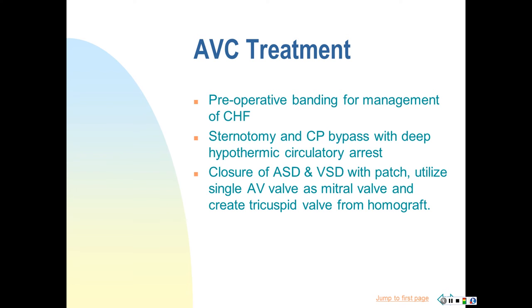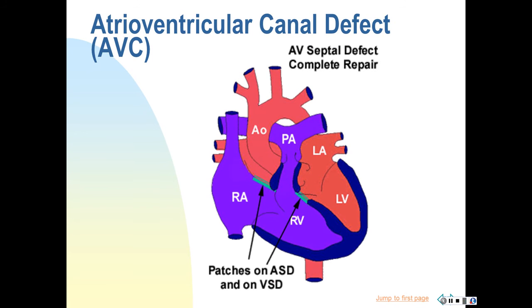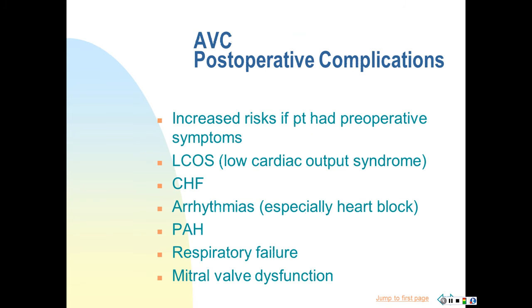So if you're taking care of a postoperative AV canal, the things you're going to have to worry about are, pulmonary artery hypertension is one of the biggies, because we've now fixed the amount of blood supply going to the lungs, which had been accustomed to much higher flows and much higher pressures.